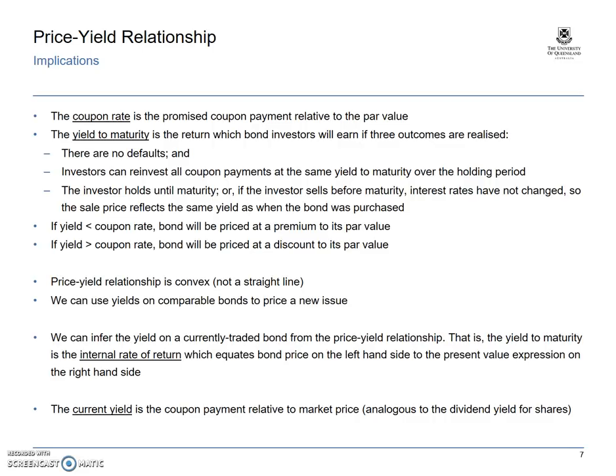Now, if we look at the yield to maturity relative to the coupon rate, we can identify whether or not a bond will be priced higher or lower than its par value. So if the yield on a bond is less than the coupon rate, that must mean that the bond will be priced at a premium to its par value.